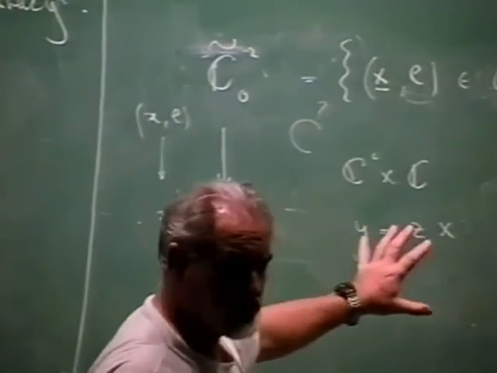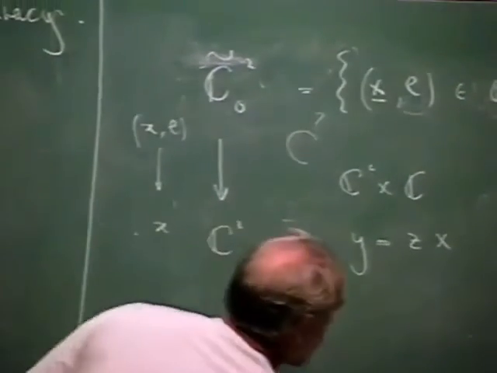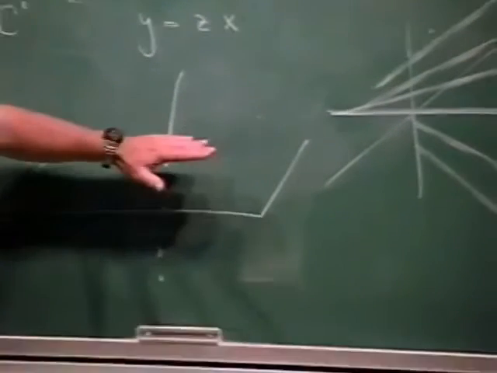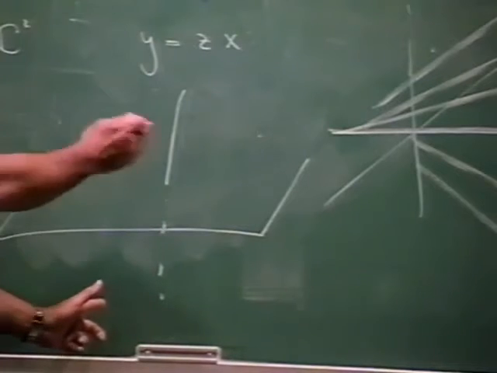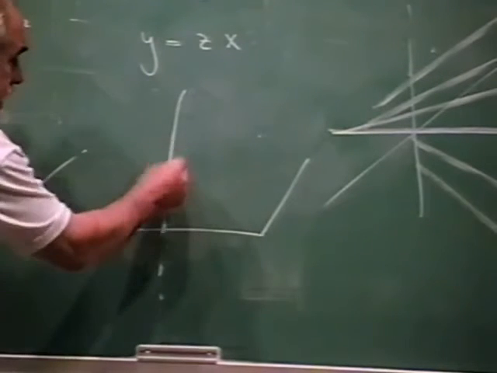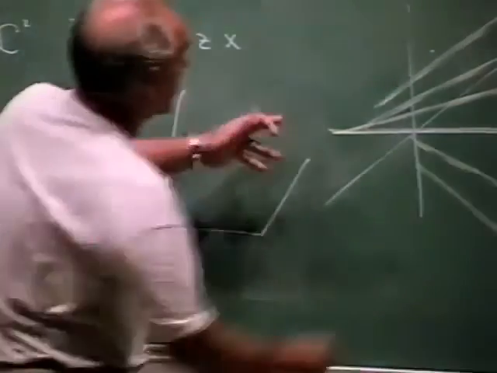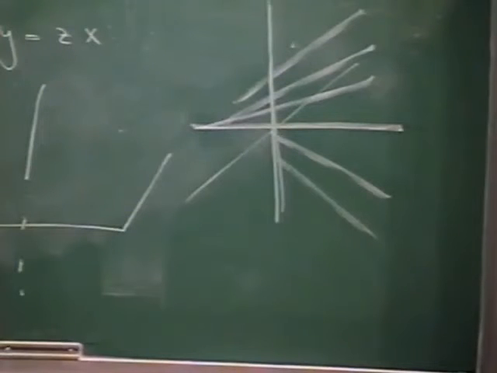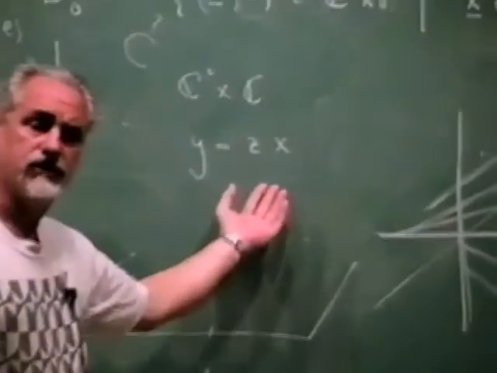But there is something important to understand, which is that the picture which is absolutely wrong is this one. Here is the surface, and one point has been replaced by a line. That's completely wrong, because this line is completely non-singular. There's nothing bizarre about it. It's really the z-axis here, together with the point at infinity corresponding to the vertical direction. The blow-up is a perfectly good smooth surface given by this equation.